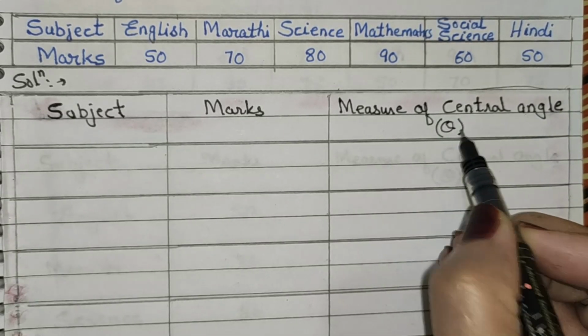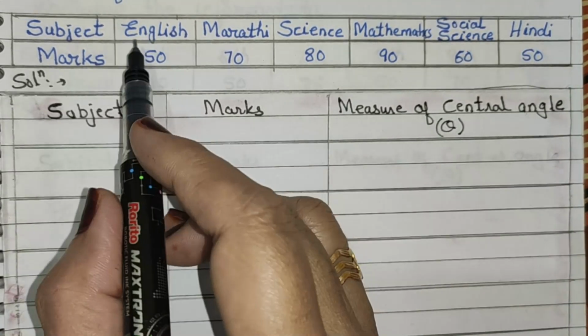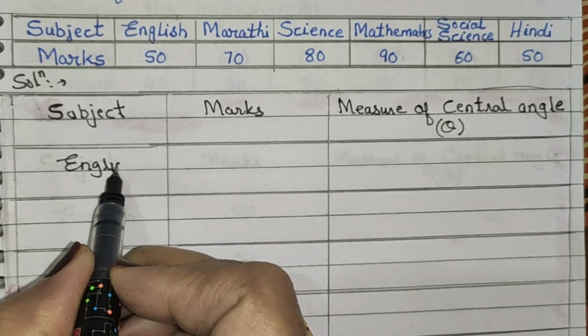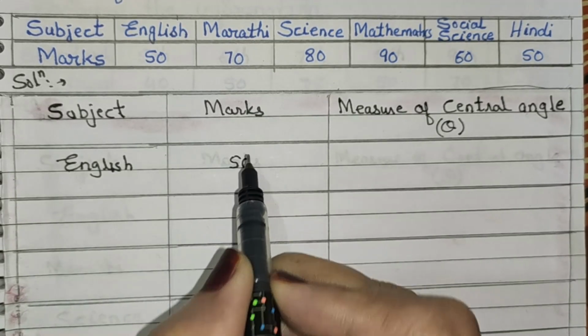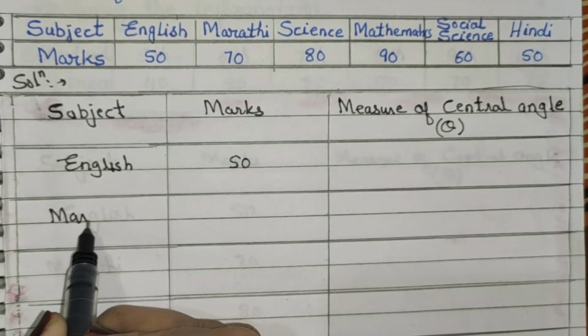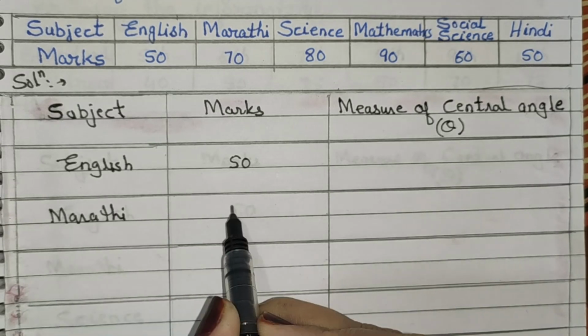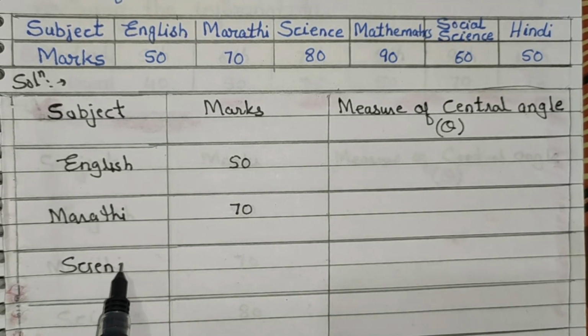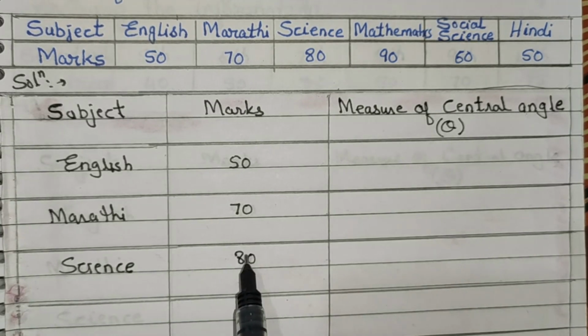Denoted by theta. Now write down here subjects: English and marks is 50. Second one is Marathi, marks is 70. Next one is science, marks is 80.